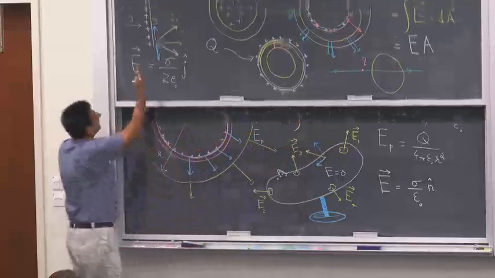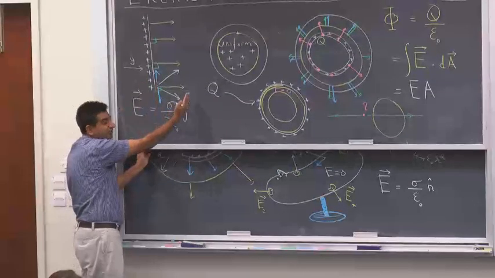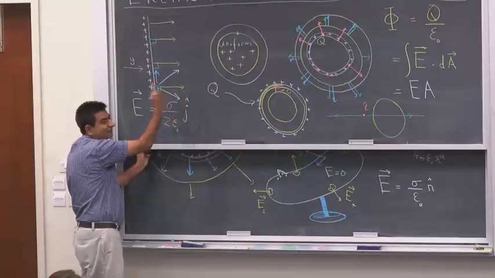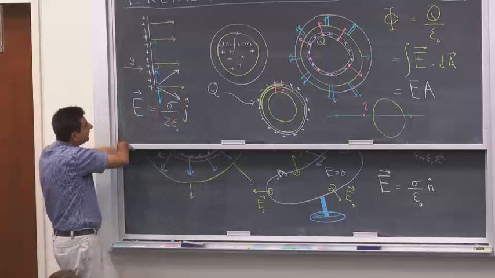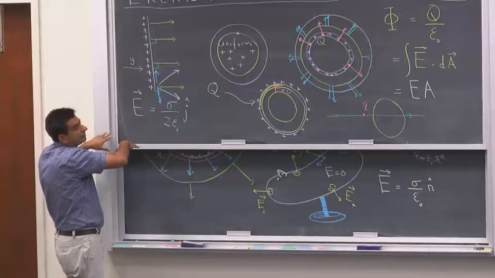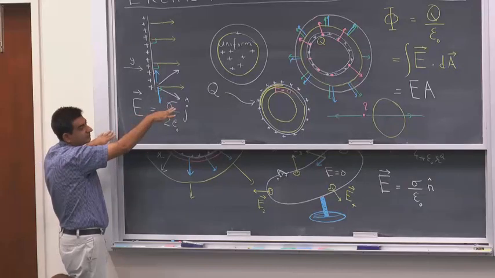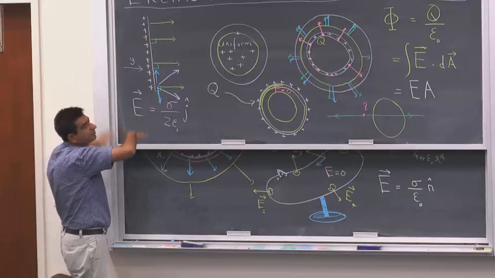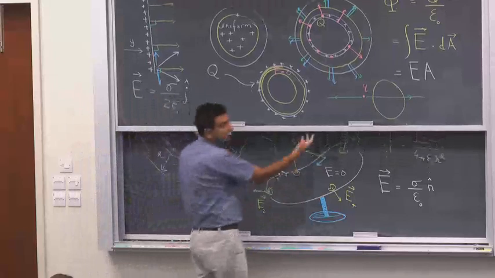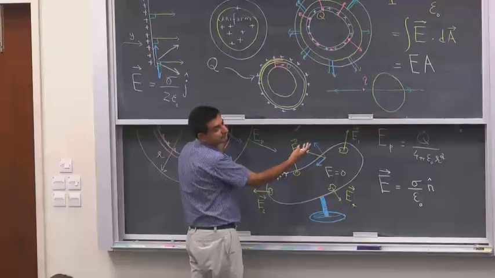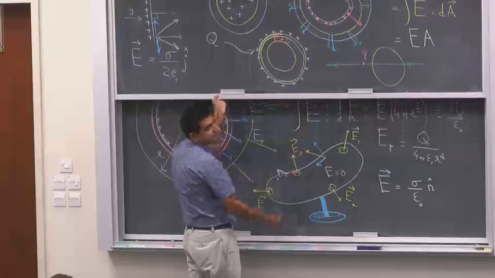Here there is an electric field to the left and there is an electric field to the right. So the discontinuity in electric field is from minus sigma over epsilon naught to plus sigma over epsilon naught. Alright? So it goes from negative to positive. Here it goes from 0 to positive. Alright?